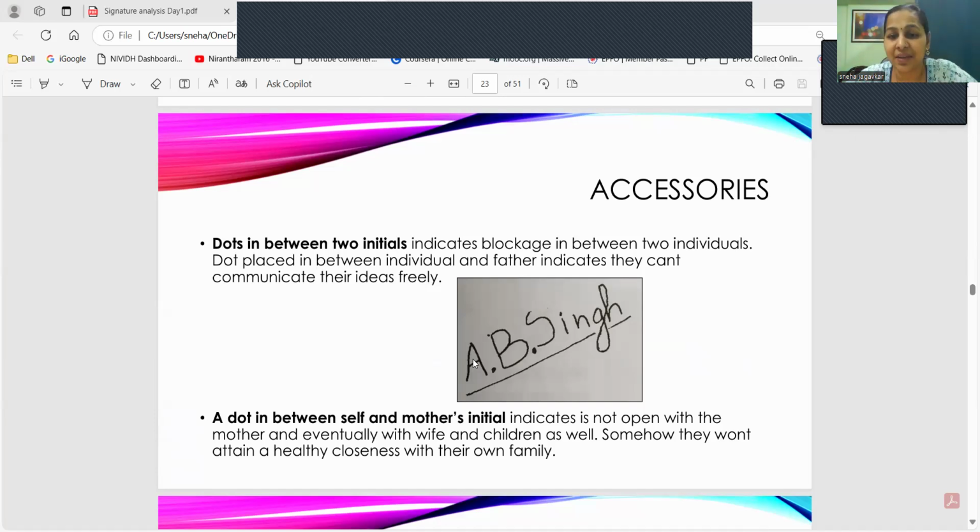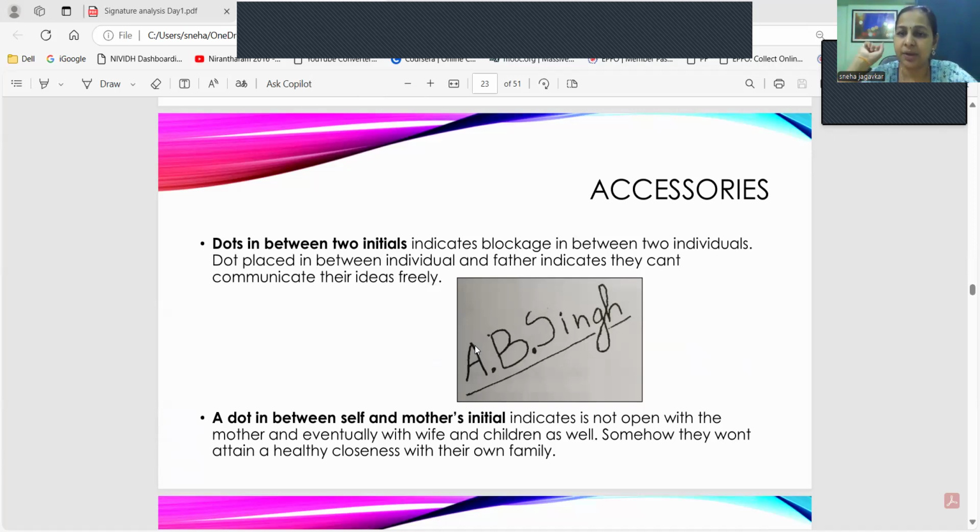So if anybody has this dot-putting habit, avoid doing that. Rather, please don't do it. It's not recommended. It's a negative trait. Sorry, but it is a negative trait. I was personally doing this when I was in my 10th standard, when we had to sign those ID cards for the 10th standard exam.